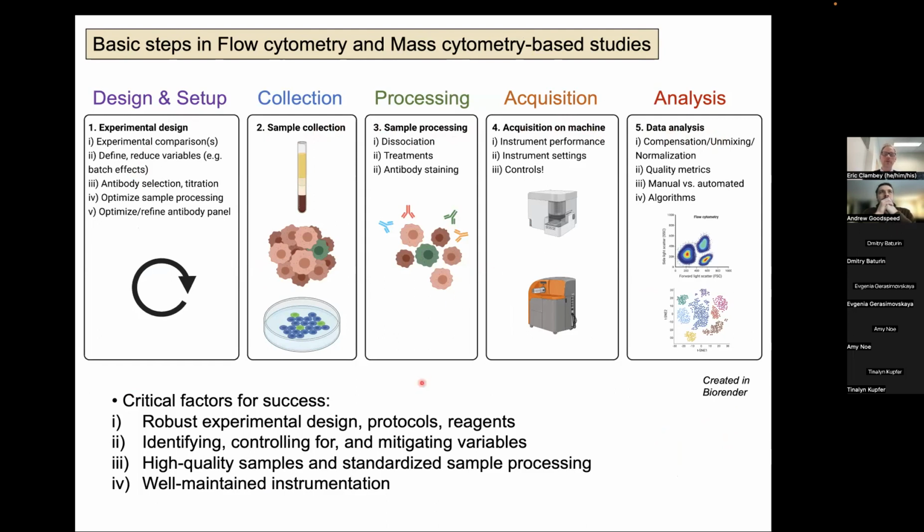Now, critical factors for success include a robust experimental design, protocols, and reagents, identifying, controlling for, and mitigating variables. And I'll spend a lot of time on this because I think if you don't take that into consideration, your results can be significantly compromised. Obviously, you need high quality samples and standardized sample processing, as well as well-maintained instrumentation.